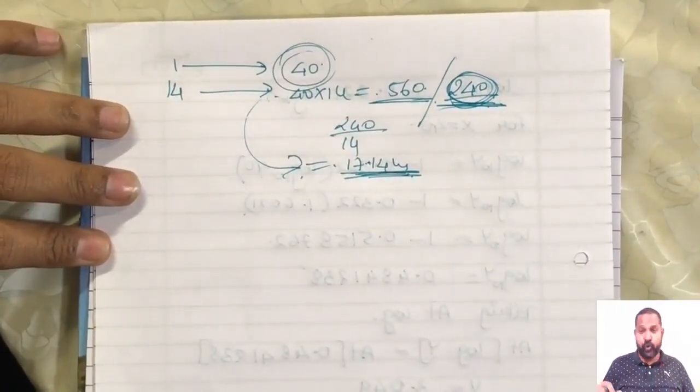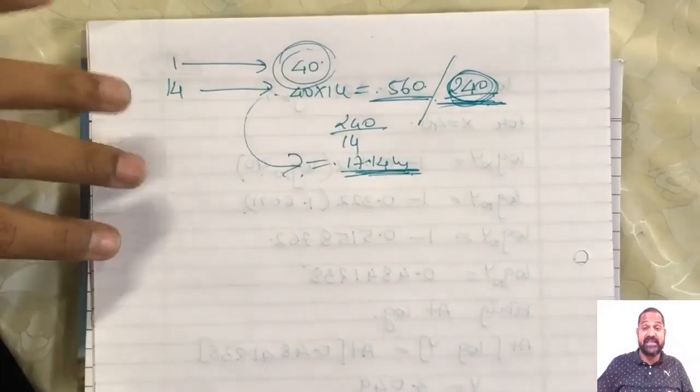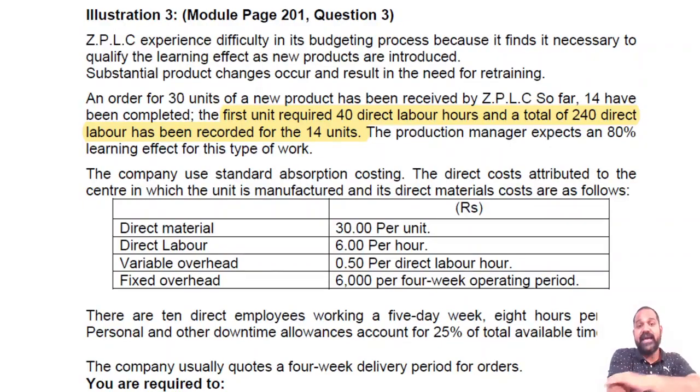And if that is true, they are saying that the production manager expects an 80% learning effect for this work. So, is he sure the learning is 80%? No. He is expecting the learning to be 80%.